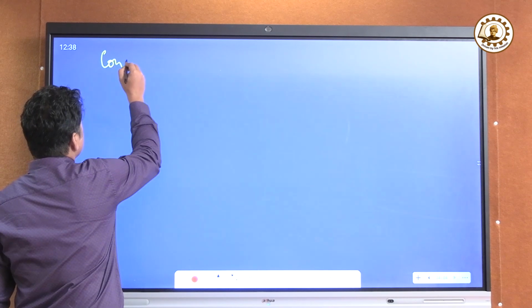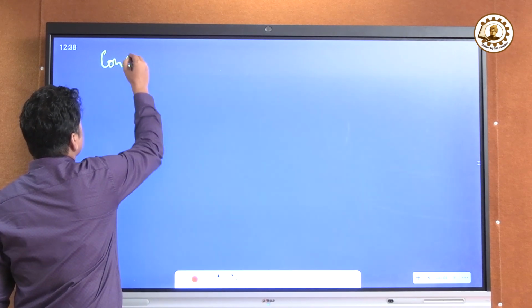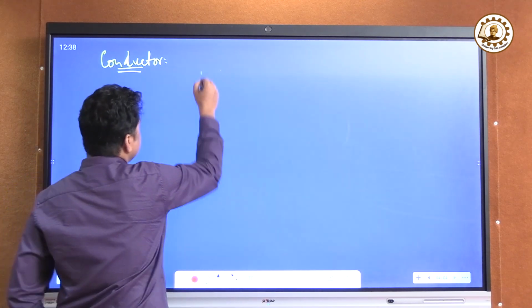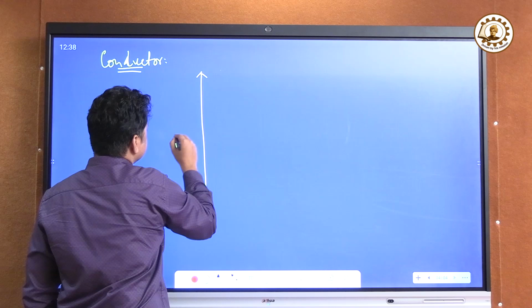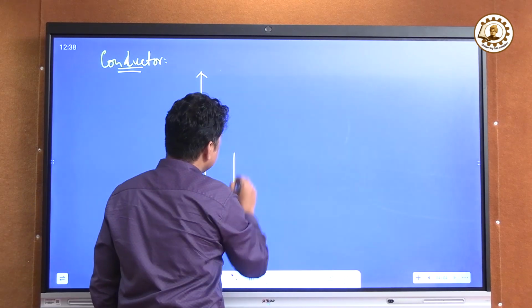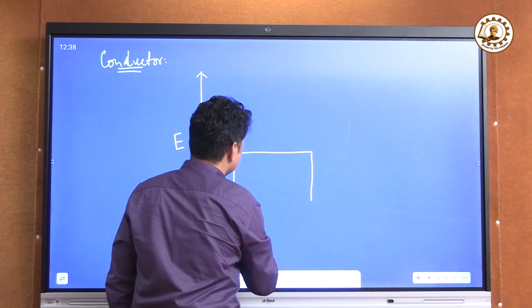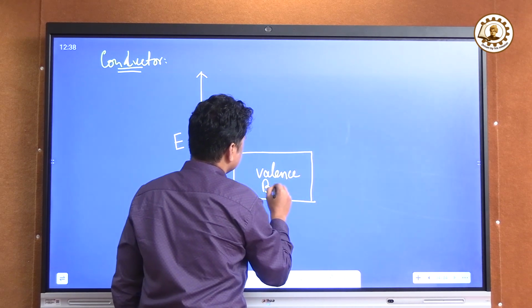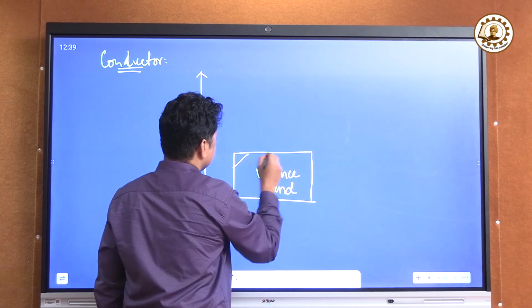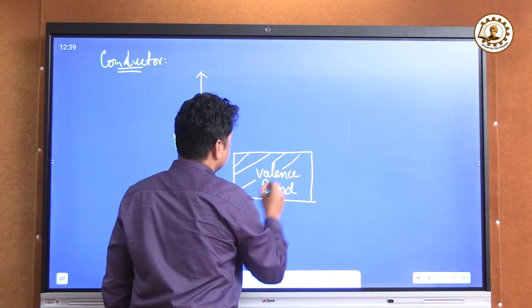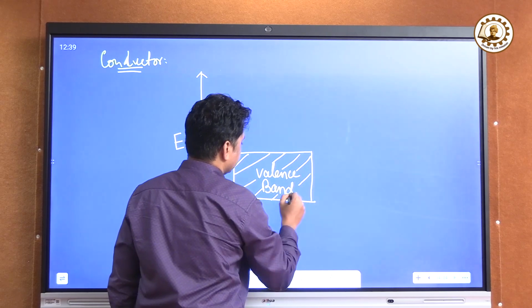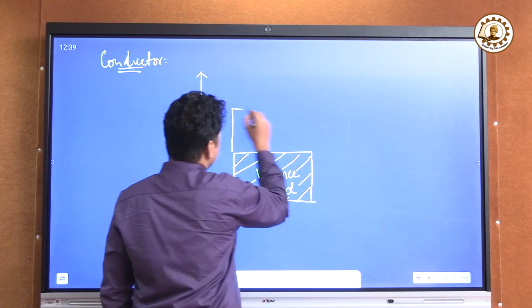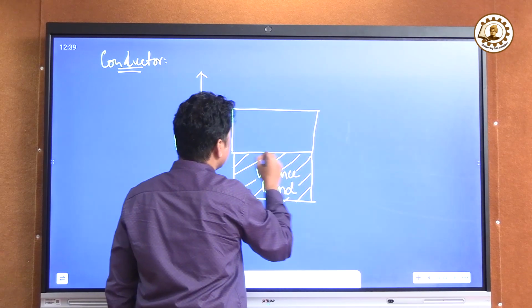So what is a conductor? If we draw, this is the energy axis. Here is our valence band, and for conductors, here is the conduction band.